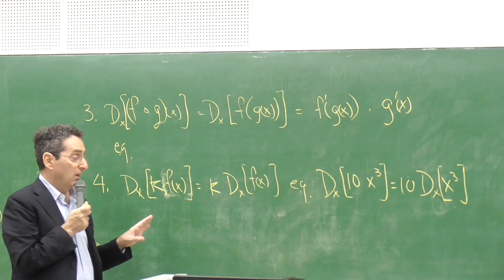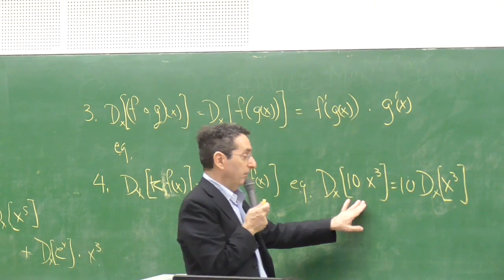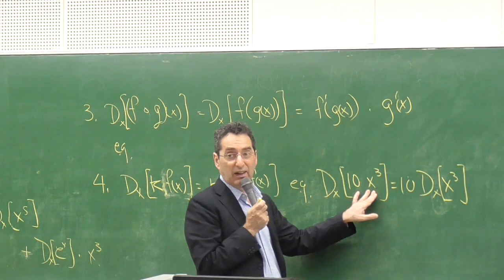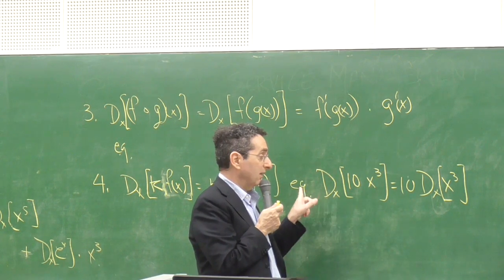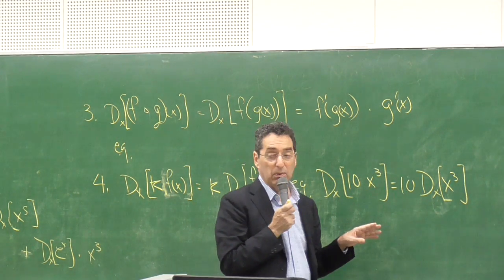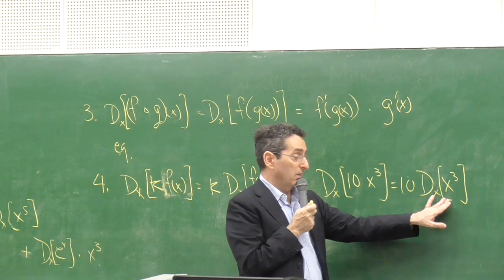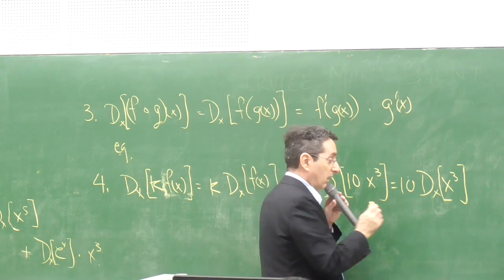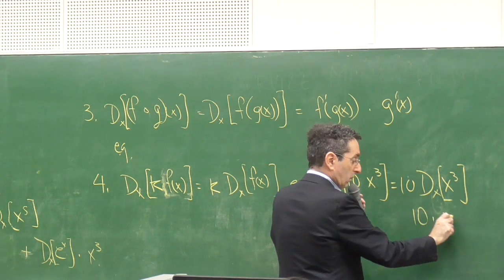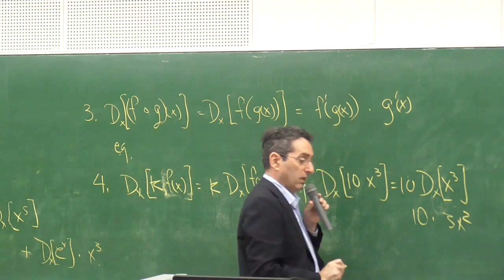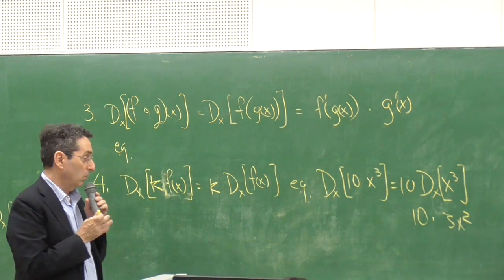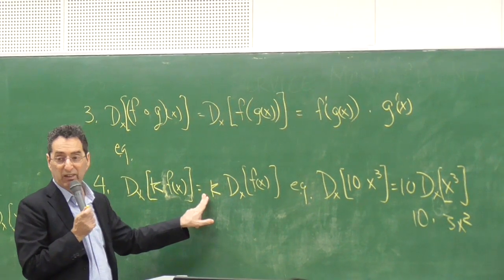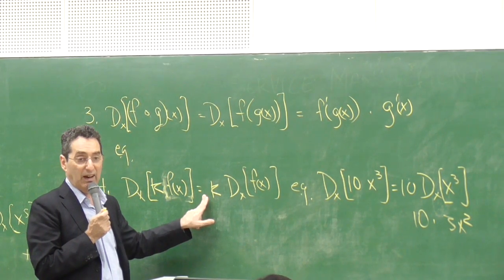So for example, here, we have 10 times that, and this rule says that we can take the 10 outside, and that would make the derivative problem easier. We'd only have to take the derivative of x cubed, but you know how to do that already. So that would be 10 times 3x squared. So that would be 30 times x squared. Okay, so that's another rule. This number 4, which should be number 2. It just says you can take the constant outside.